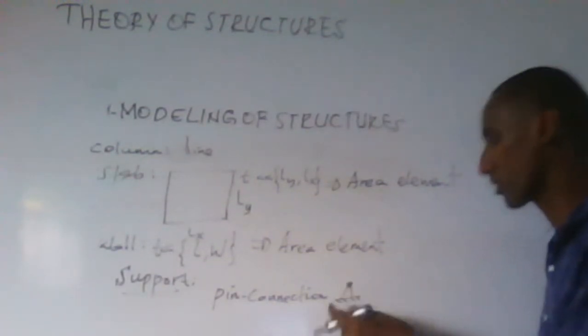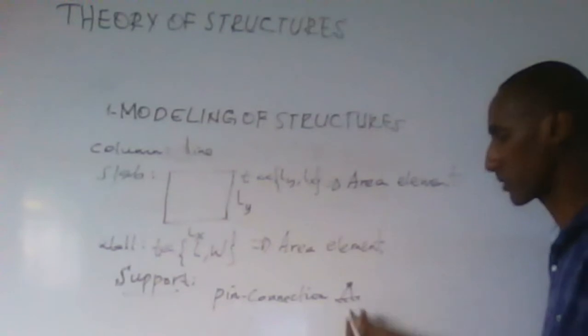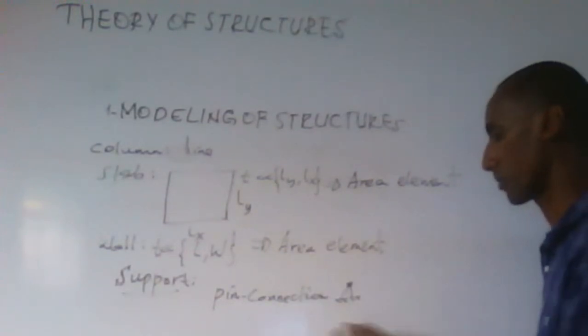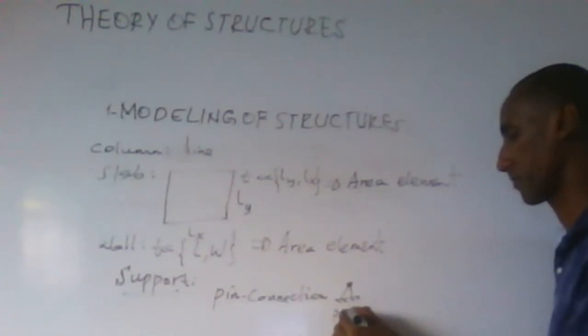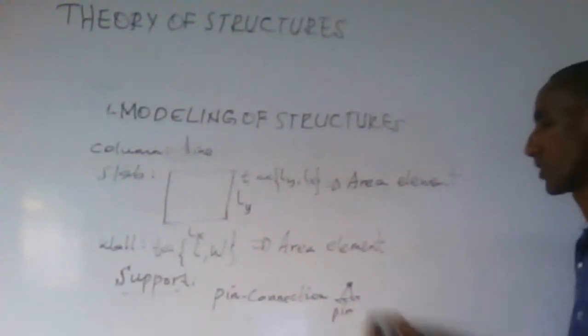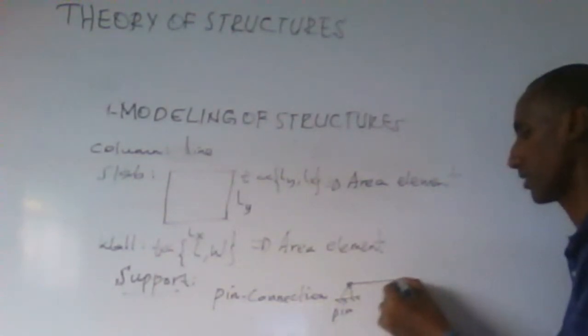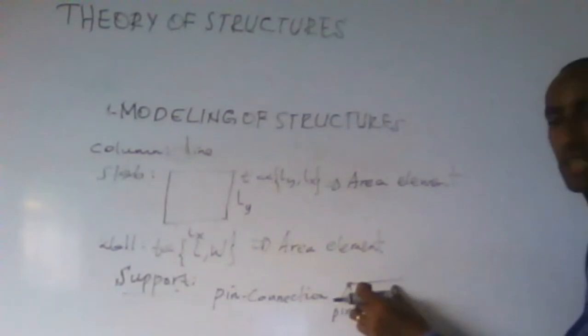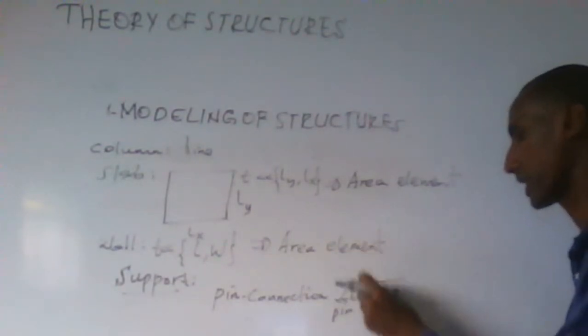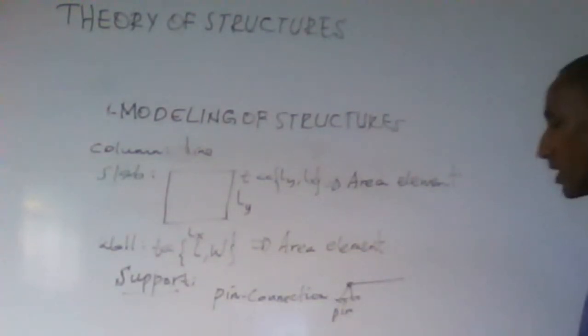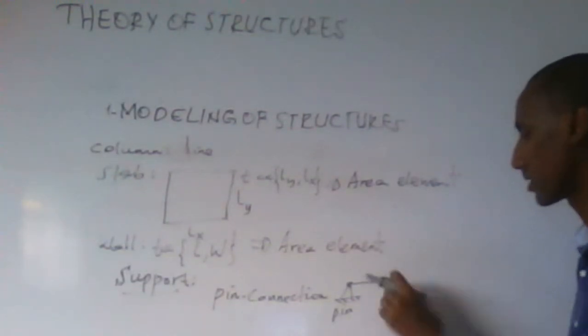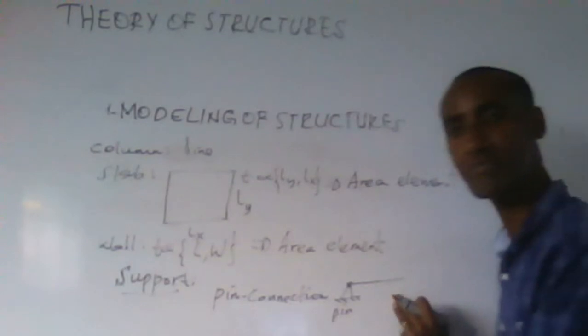This is the support, the pin support or pin connection. If I have a member, for example, let me draw it like this. This is a beam because I am representing it as a line. Or this might be one of those members, but don't bother about that; for the time being, this is a beam.